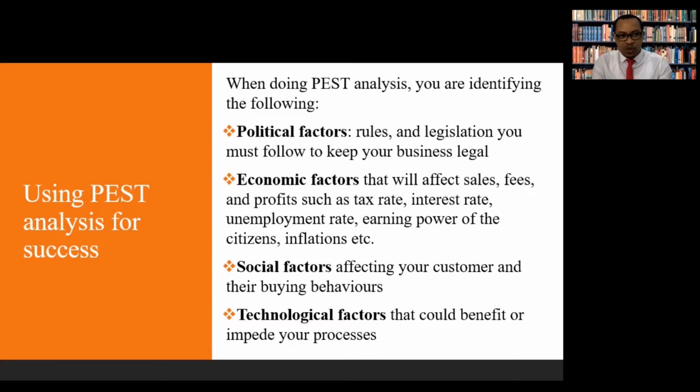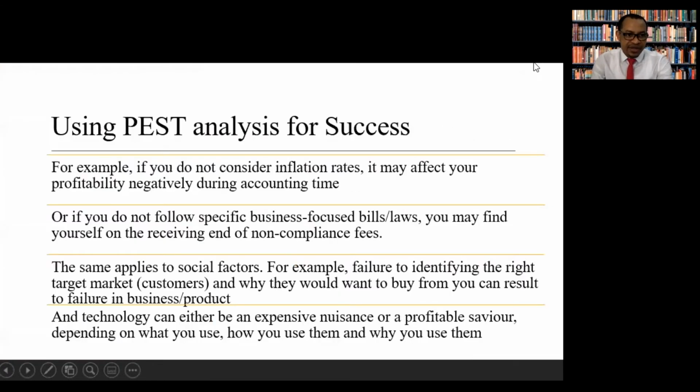You are also looking into the social factors, which is all about the behaviors of the customer, the customer buying behavior, as well as technological factors, which could actually benefit or impede the success or progress of your business.